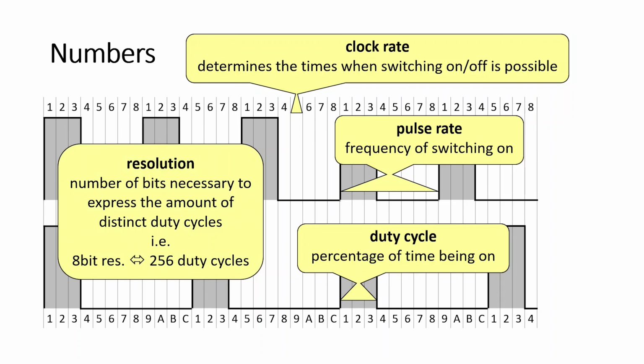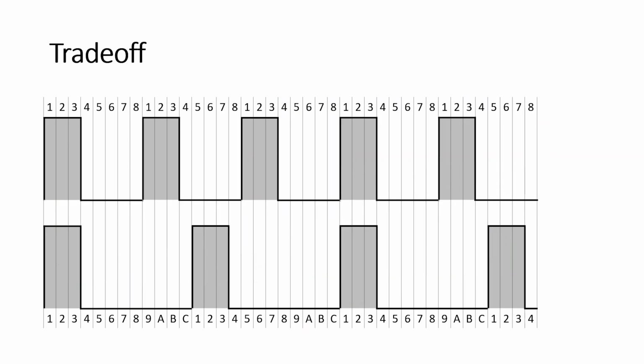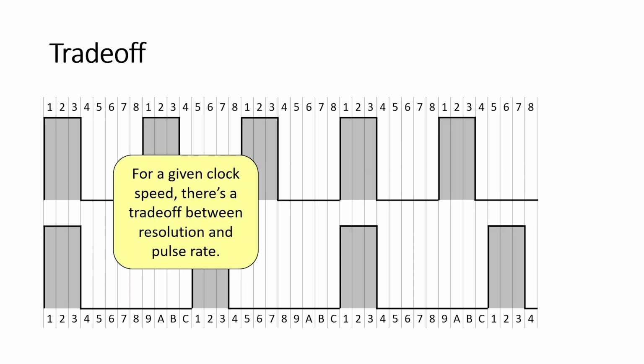And then you have the resolution, which is the number of bits necessary to express the amount of distinct duty cycles. For an 8-bit resolution, that means you have 256 duty cycles. But now compare the upper and the lower row. For a given clock speed, there's a trade-off between resolution and pulse rate.